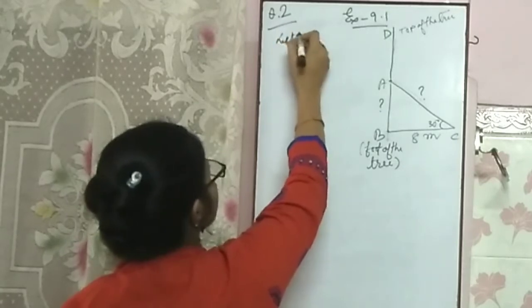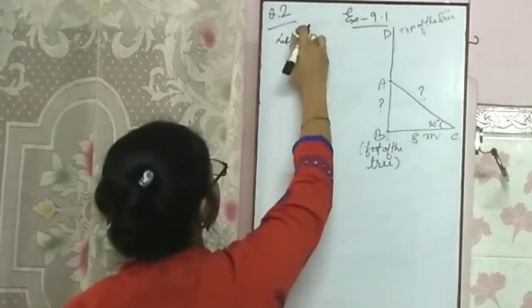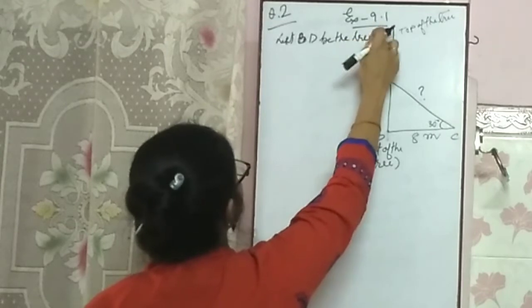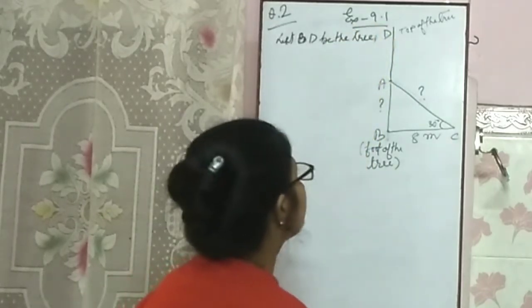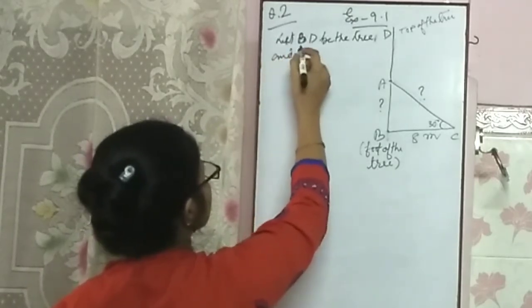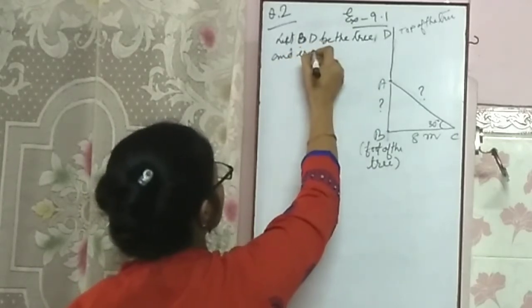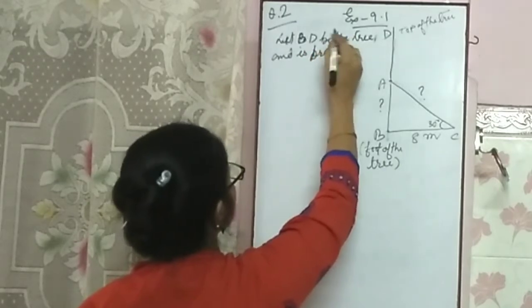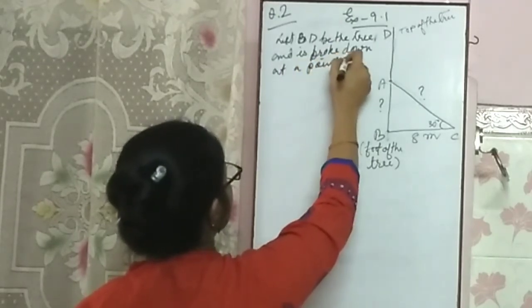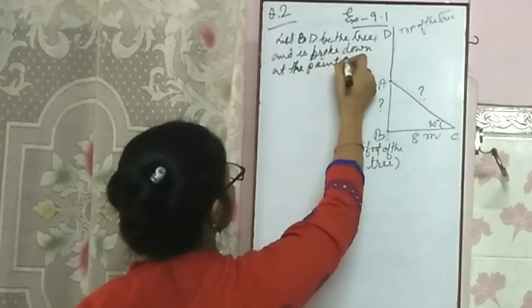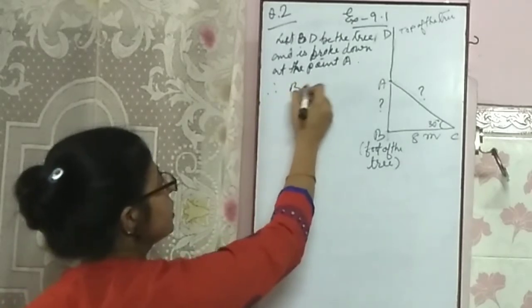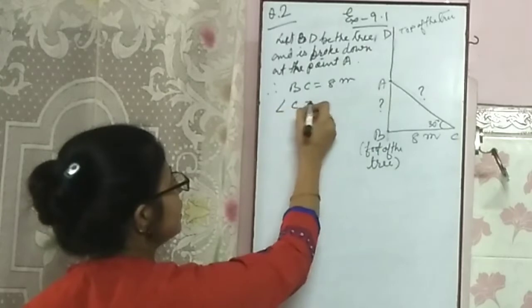Let BD be the tree and it is broken down at the point A. Therefore, BC is equal to 8 meter, angle C is equal to 30 degree.